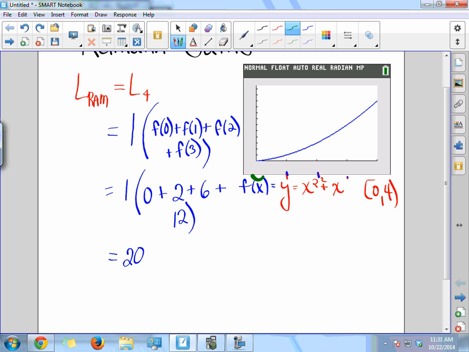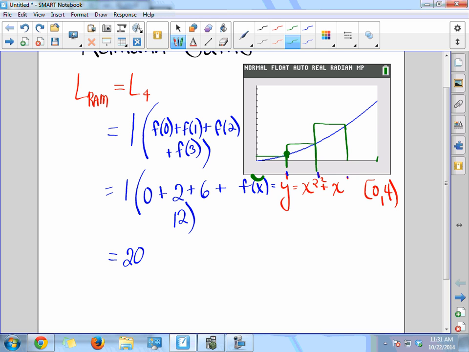So with right approximations, it's basically the same idea, except we are going to start with the rightmost point. So instead of making the height of this first rectangle the function evaluated at 0, now it's going to be the function evaluated at 1. So I'm going to go over like this. That would be the next height of my rectangle. And then at 3, that would be the next height.